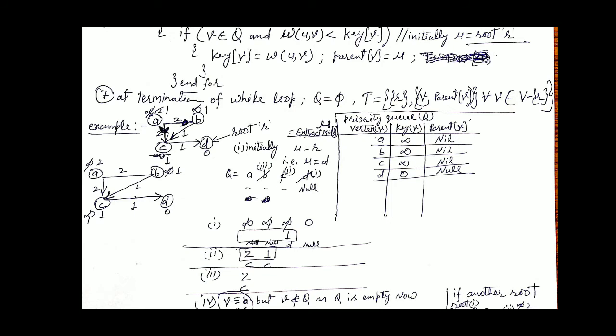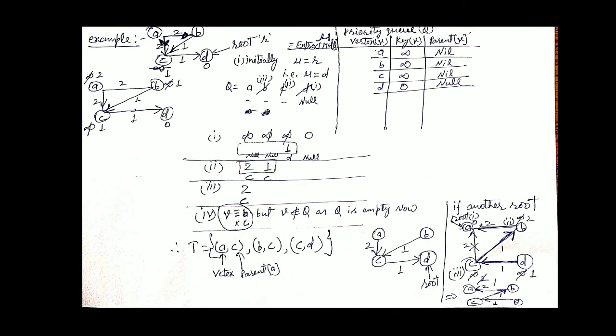So we will not update their key values, and in this manner, we process all the vertices A, B, C, D, and we have found that T has the set of vertices with the parent values like A comma C, where A is the vertex and C is its parent, and then BC, vertex and parent value, and CD. So by using these vertex and parent values, we can form this MST.